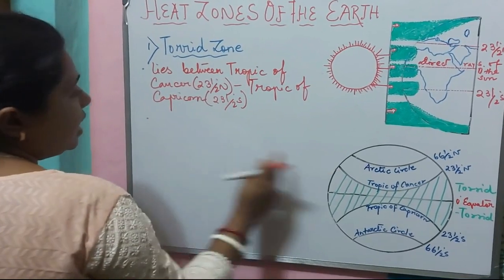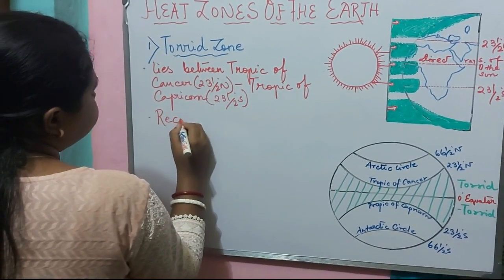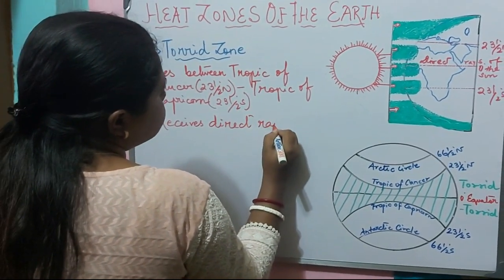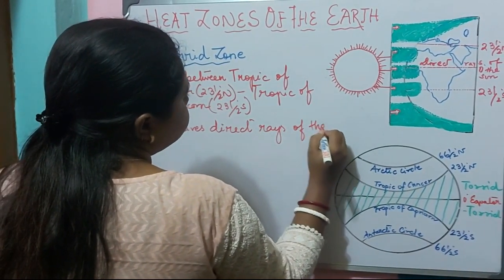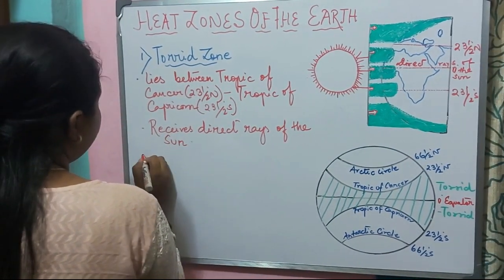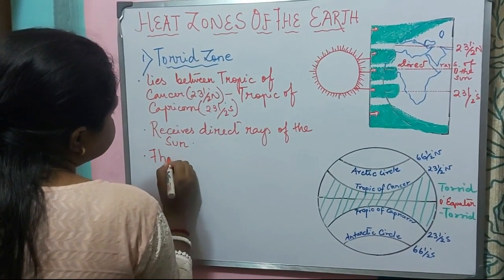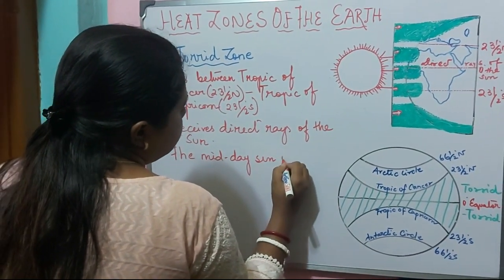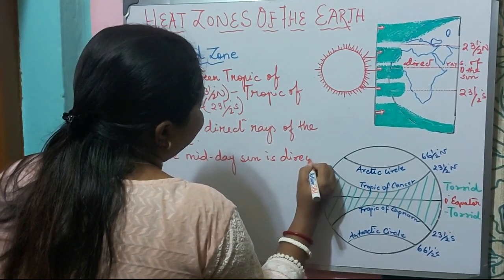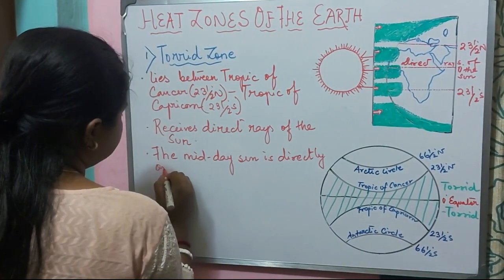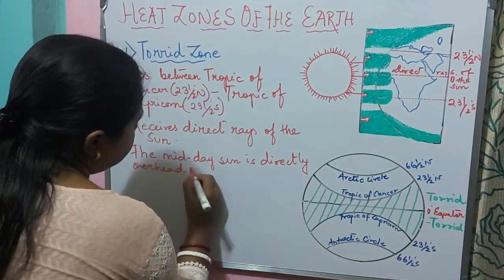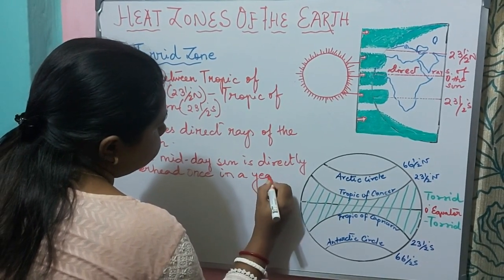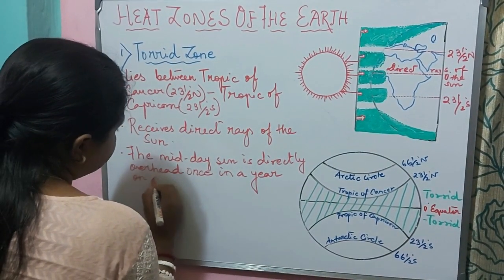So we can say that this zone receives direct rays of the sun. The midday sun is directly overhead once in a year on all latitudes.